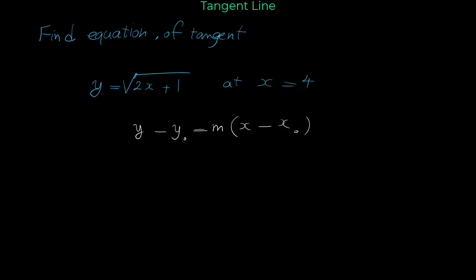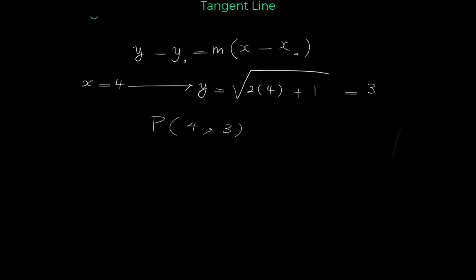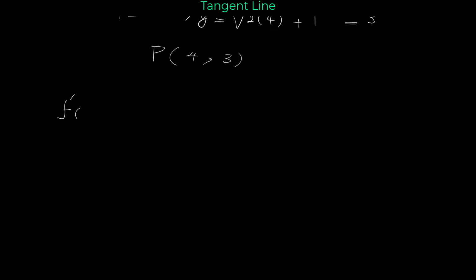Let's plug in 4 in the equation to find the y value. When x equals 4, the y value would be radical 2 times 4 plus 1. 8 plus 1 is 9, the square root of 9 is 3. So the point is (4, 3). Now we have to find the slope of the tangent line.